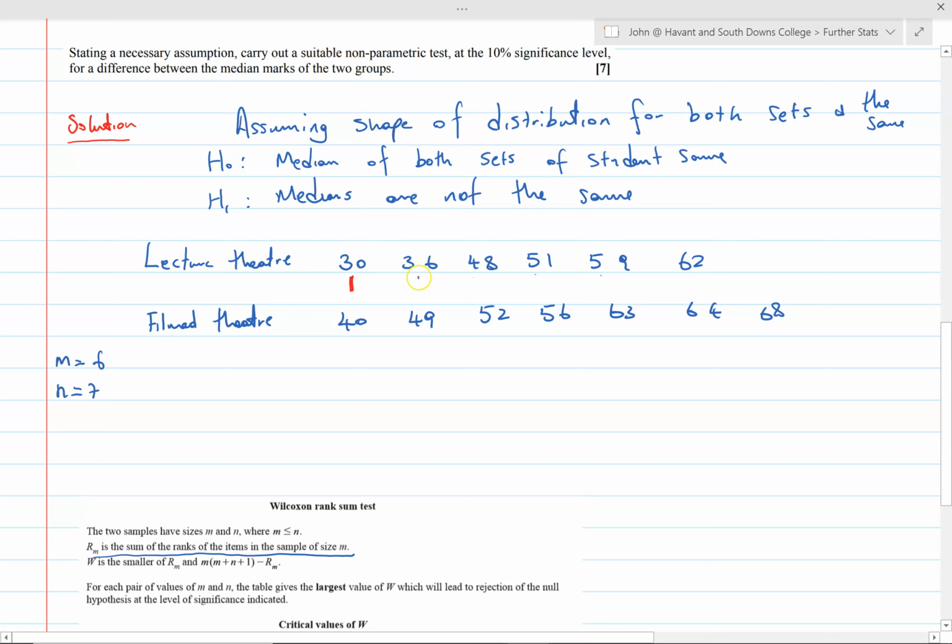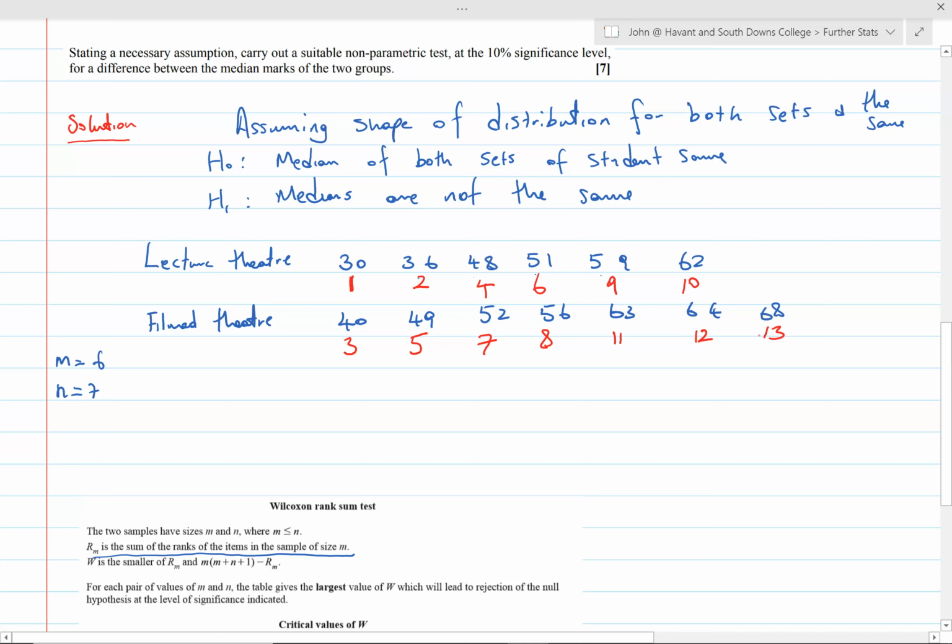Okay, 36 is the next smallest, and then 40, and then 48, and then 49, and then 51, then 52, then 56, then 59 is the 9th, then 62 is the 10th, then 11, 12, 13.